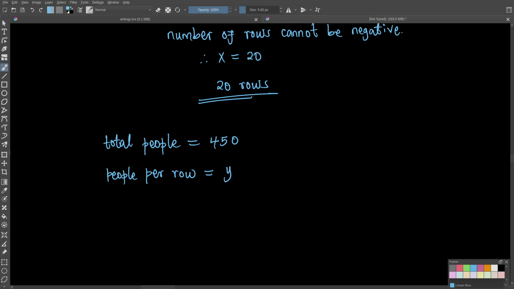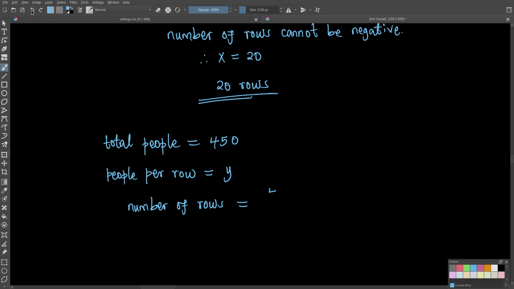But how do we get the number of rows? So the number of rows would be the same as doing the total number of people, which is 450, divided by the people per row. Actually, I could have just written that.